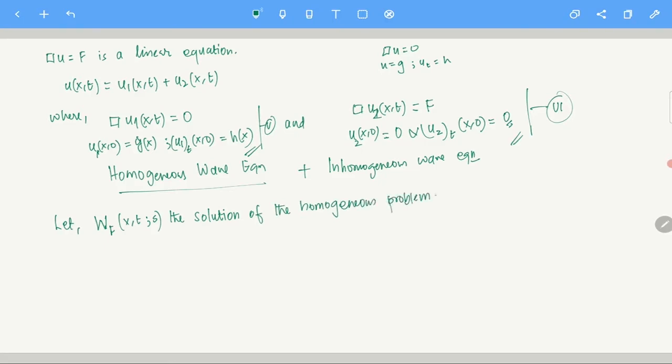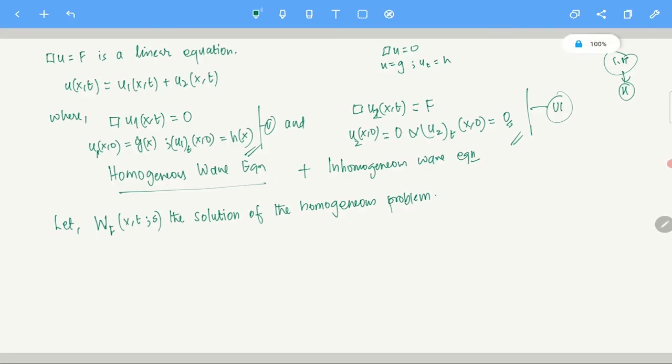Now I am using Duhamel. You remember Duhamel? What did Duhamel do? It said that if you have an inhomogeneous problem, you solve a bunch of homogeneous problems and then sum it up, right? So integrate it. So that is what we are doing here.